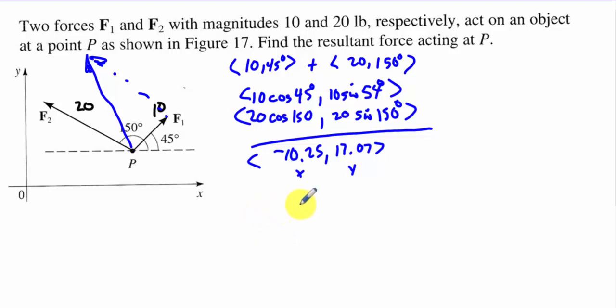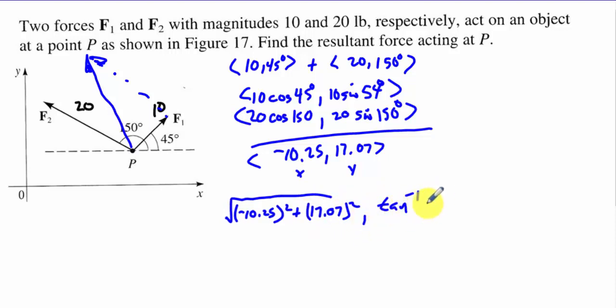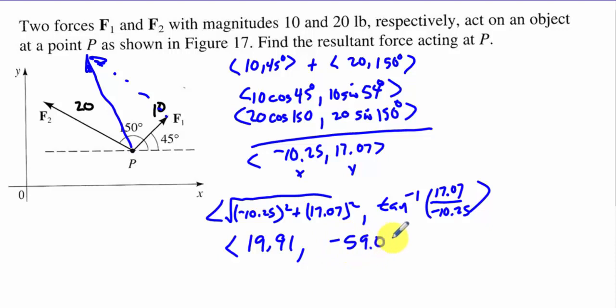Going to find the square root of negative 10.25 squared and 17.07 squared, along with the inverse tangent of 17.07 over negative 10.25. And we'll end up with 19.91-ish, right around there, and negative 59.02 degrees. Now here's the issue right here.